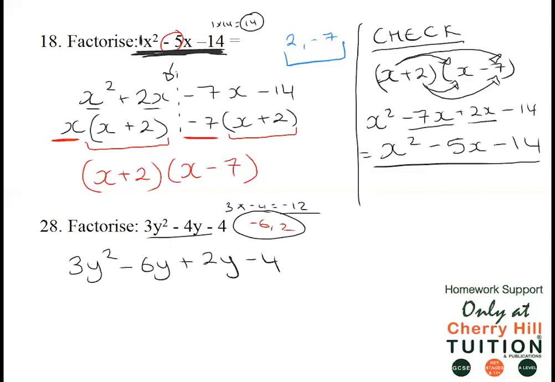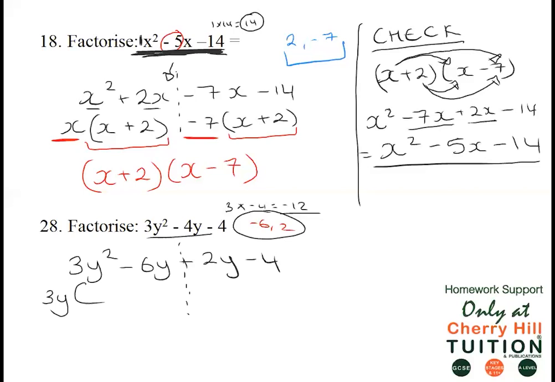So the next step is to separate these and factorize separately. So let's look at the left-hand side first. We have 3y squared minus 6y. We can take out, in terms of the numbers, 3 is common because 3 is a multiple of 3 and 6. And then we can also take a y out because they are both common, okay?